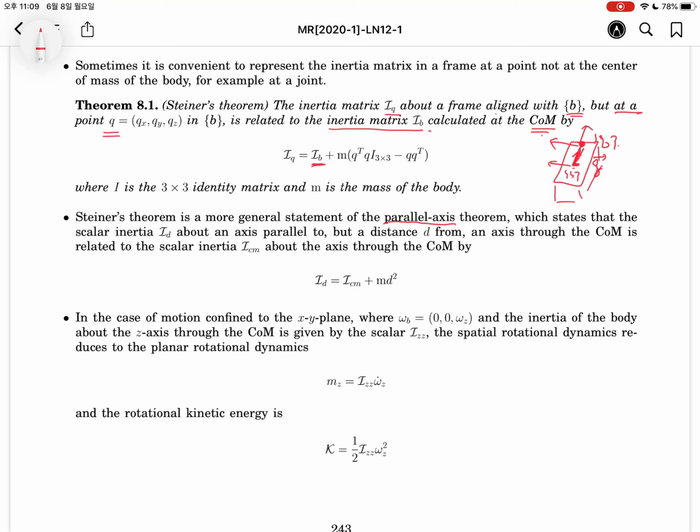This is the center-of-mass moment of inertia, and then we apply Q transpose Q as a scalar value times the identity matrix minus Q Q transpose, the outer product of the Q vector. So we make the 3 by 3 matrix and then the mass is multiplied as a scalar value. Like this, we can move the inertia matrix to the other point, aligned with the center of mass plane.